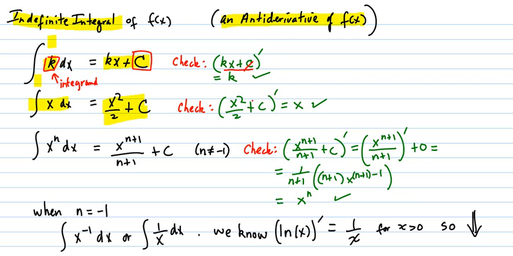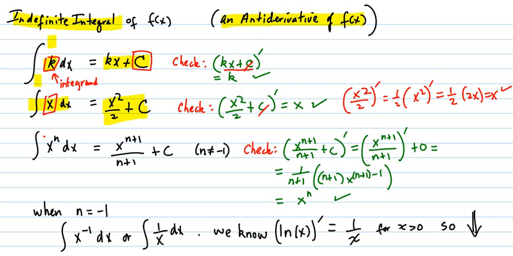If you differentiate x squared over 2 plus c, the c differentiates to 0, and the x squared over 2 derivative, of course, we've done, is 1/2 factored out times 2x, which is x. So it checks out to be the same as the integrand, so it is the antiderivative.